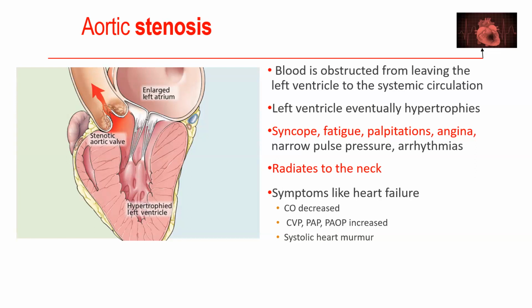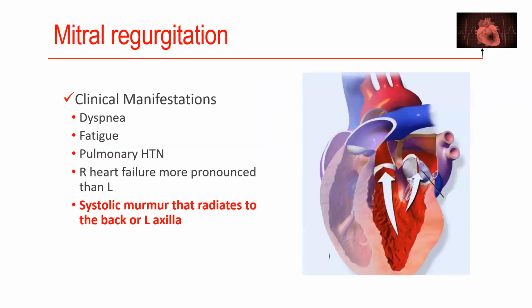So lots of times when we talk about aortic stenosis, remember, it'll be described as a humming murmur during systole, radiating to the neck, presenting with signs and symptoms of heart failure. But the difference is you've isolated that systolic murmur and it's radiated up into the neck. Cardiac output is down, CVP, wedge pressure up, and we hear the presence of a systolic murmur.